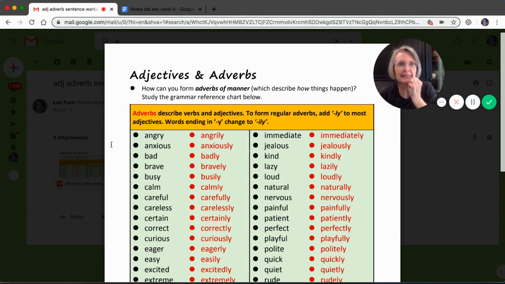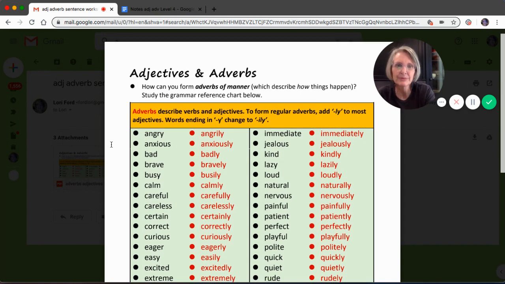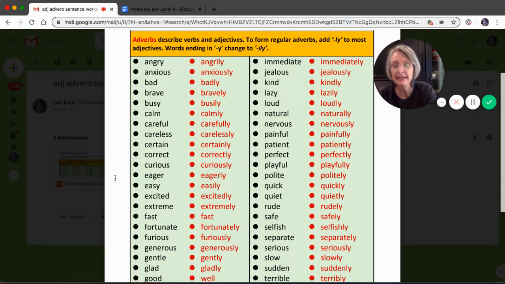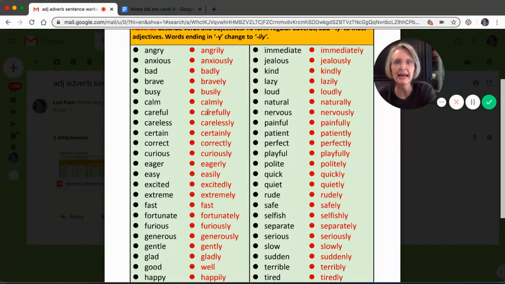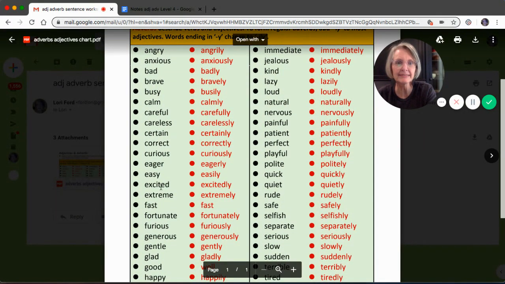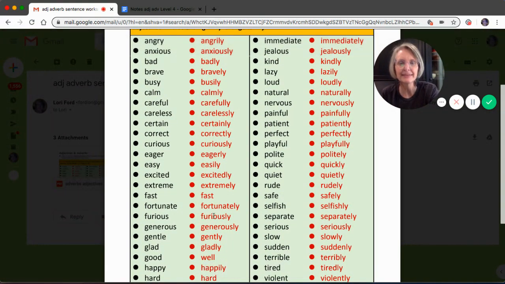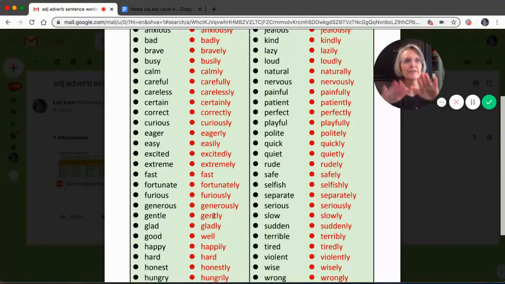She anxiously bit her fingernails. So these are many words that give you the example of how to change an adjective to an adverb. So here you see lots and lots of adjectives, and there are the adverbs that are the pairs for those.